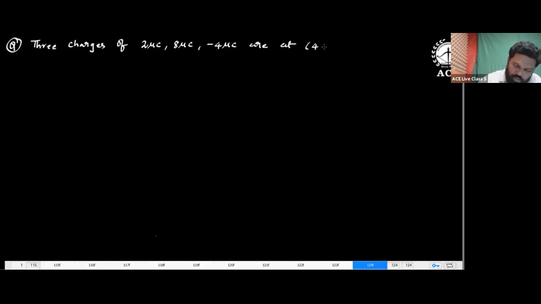Let us take one question here. Three charges of 2 microcoulombs, 8 microcoulombs, minus 4 microcoulombs are at (4, 8, 3), (2, -2, 3), and (4, 0, 1) respectively.